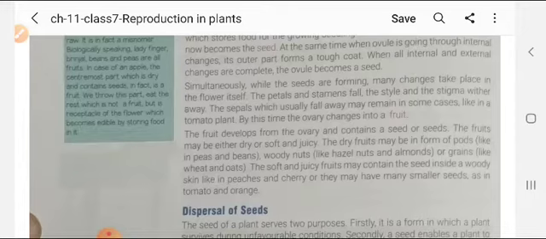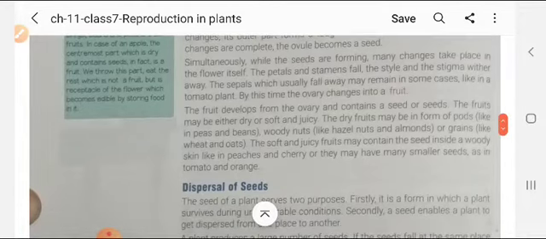The fruit may be either dry or soft and juicy. The dry fruit may be in the form of pods like peas and beans, woody nuts like hazelnuts and almonds, also grains like wheat and oats. These are single cotyledon seeds.